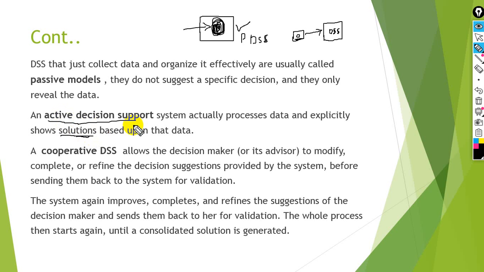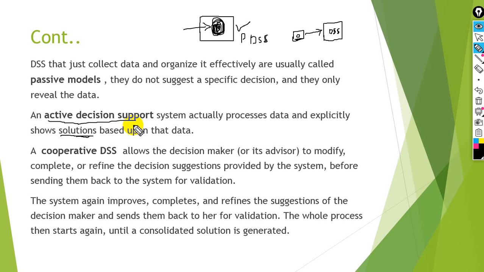For example, take an inventory management system, which I gave as an example. If we use an active decision support system, how will that system work? In an inventory management system, when the number of items becomes less than 10, it shows a message that now you should purchase the items.